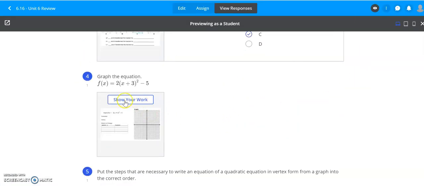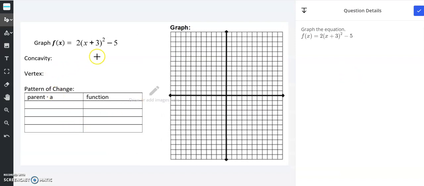Graph the equation. All right, so concavity, it's up. Vertex is -3, -5. Our parent times a, so remember our parents are 1, 3, 5, 7.